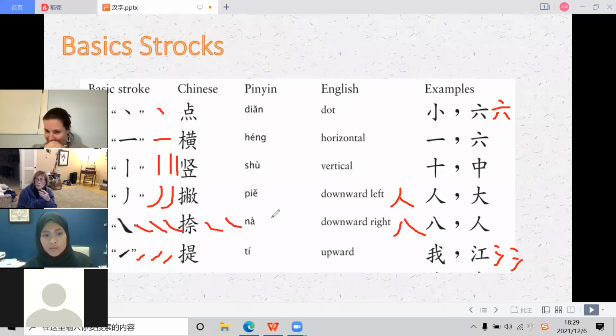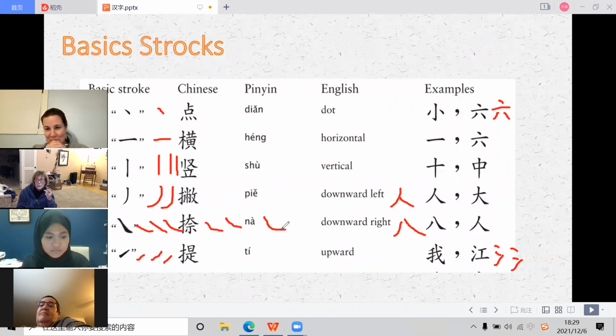Yeah, in Chinese calligraphy, some strokes will curve back like this, but in handwriting, when you use a pen or pencil, you just let it go.